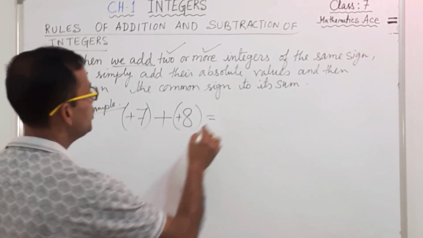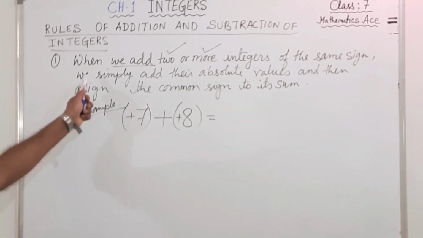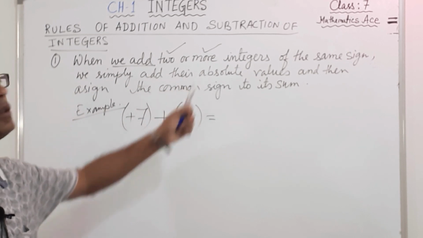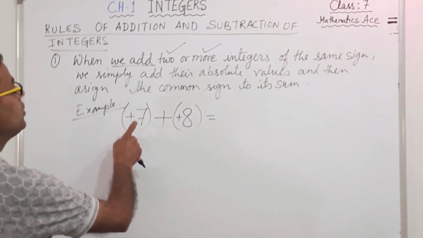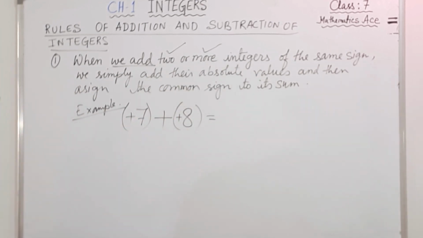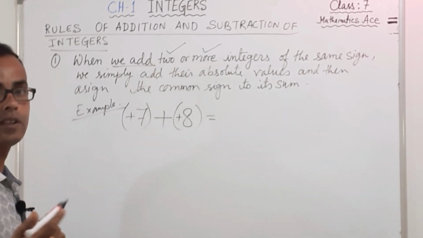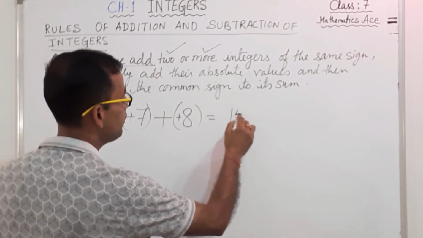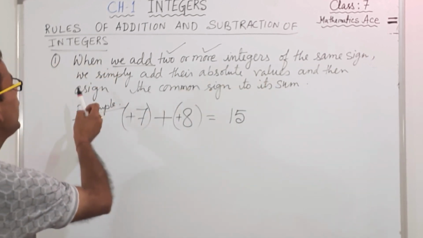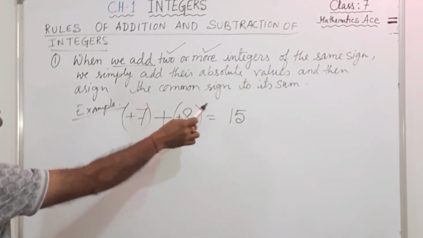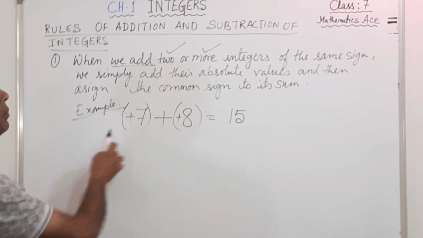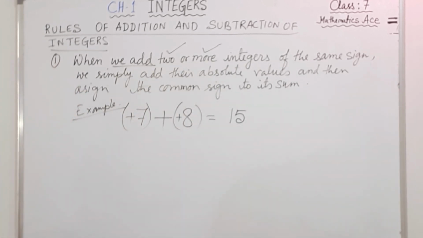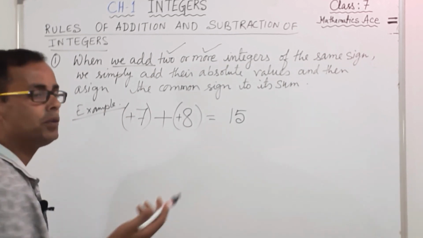Then what will you do? We simply add their absolute values. So plus 7 absolute value is 7, plus 8 absolute value is 8. So 7 plus 8, 15. And then assign the common sign. Both of them have a common sign of what? Plus. So we put here plus. And plus we have no need to write. If you write also no problem. If you don't write also.